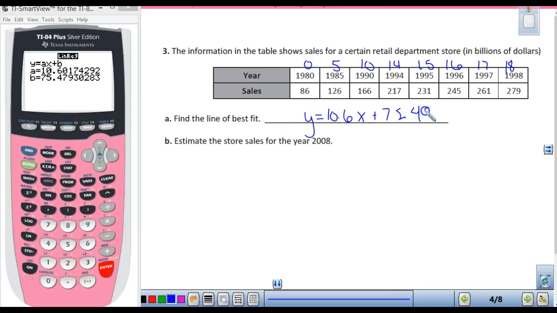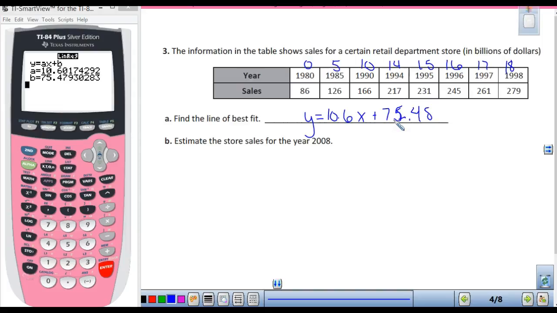Questions on that? What does that mean? That they started at 75.48, and then every year they gained about... Okay, close, you're right.